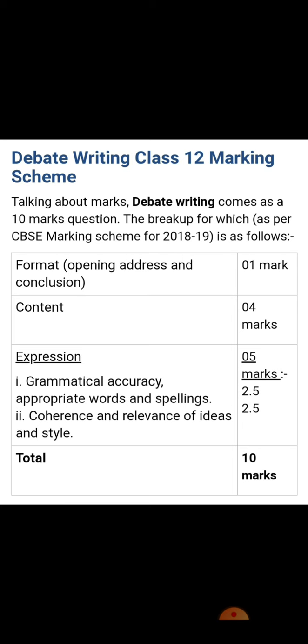Expression involves grammatical accuracy, appropriate words and spellings, for which you have 2.5 marks. And for coherence and relevance of ideas and style, you have 2.5 marks. So expression is 5 marks. So format 1 mark, content 4 marks, expression 5 marks. In total it becomes a 10 marks question.